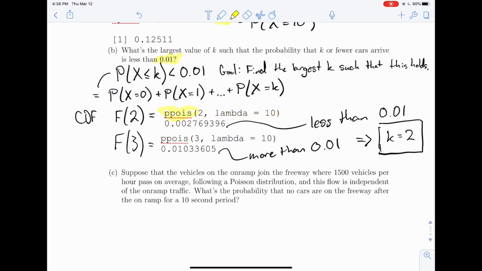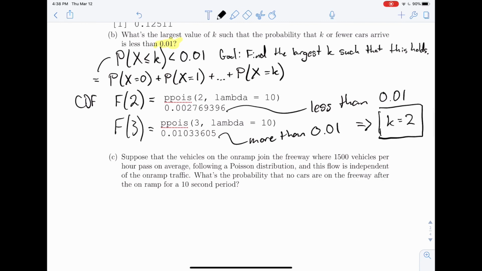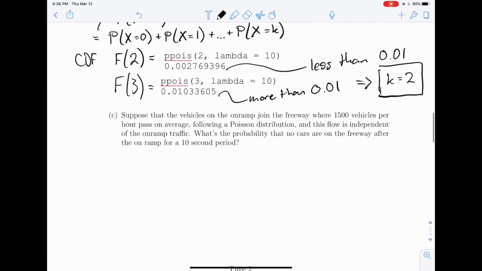But you would do the same general idea for any discrete random variable. There's a better way to do it, but I'm not going to show you that. I'll leave it as an exercise. It's even faster than what I did, but just one thing at a time for the moment. Okay. All right.